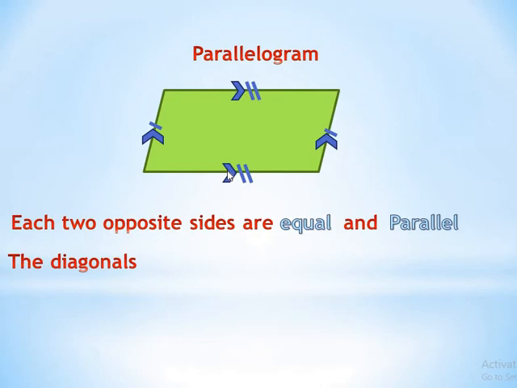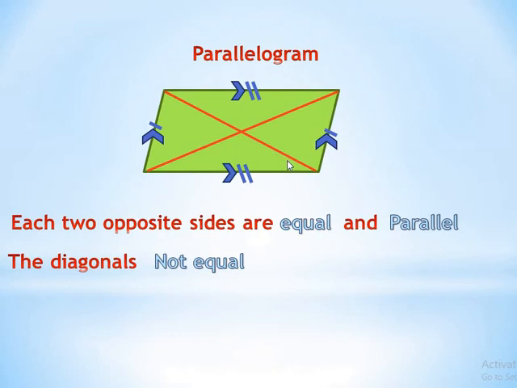What about the diagonals? First, what is the meaning of the word diagonals? Diagonals are the line segments which join two opposite vertices, like this. This is a diagonal and this is a diagonal.